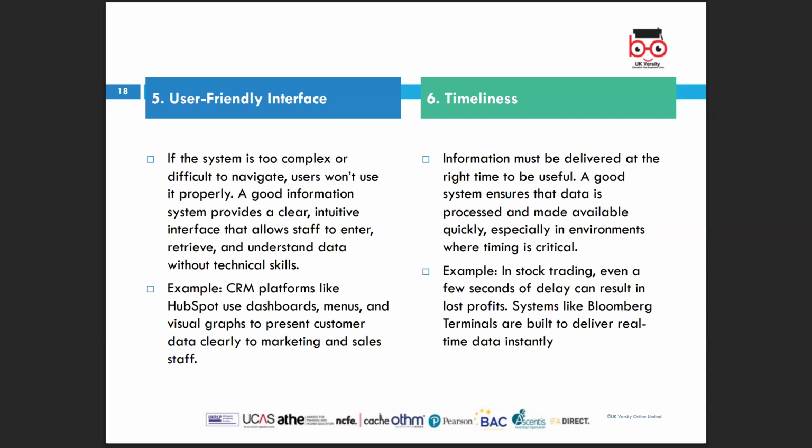So information must be delivered at the right time to be useful. A good system ensures that data is processed and made available quickly, especially in environments where timing is crucial.